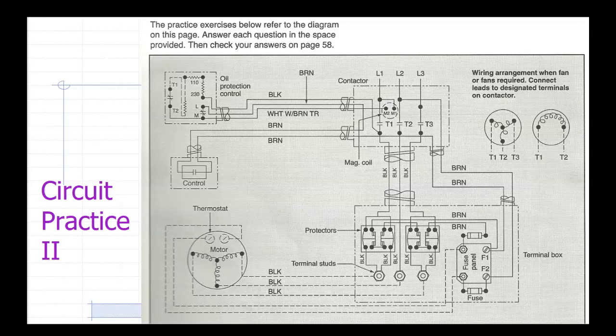So you start tracing this white with a brown tracer, and it goes to M in the oil protection control box.